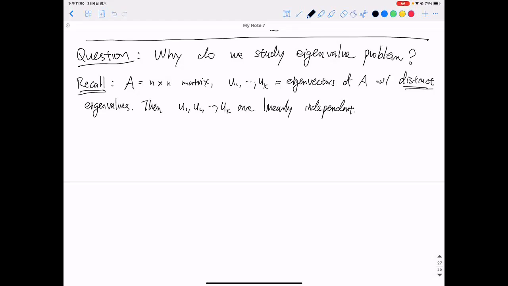And as you recall, being linearly independent is one required property for being a basis.